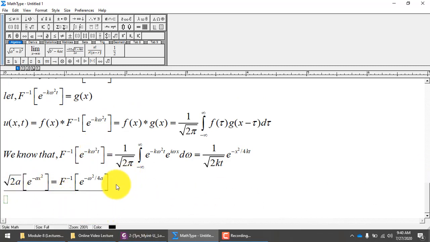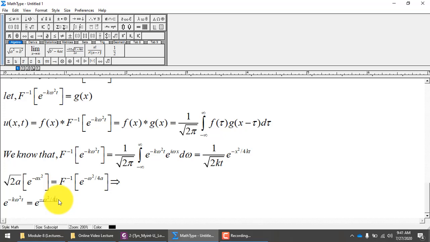Now when you look at the formula of your choice, you are having k omega square t. Here it is omega square only, and minus also, but in the denominator we should have 4a. So how can you change this? You can change it like that: e to power minus omega square divided by 4a.